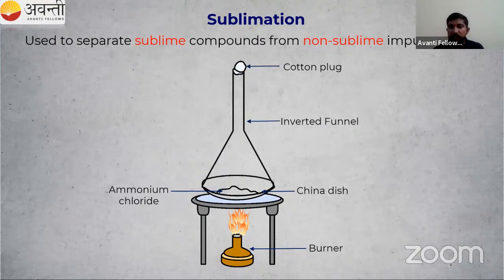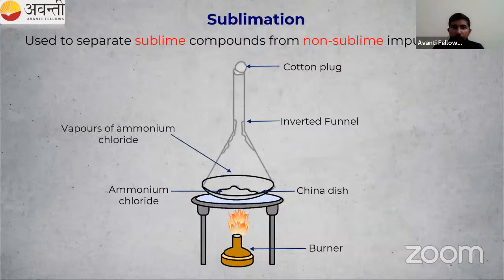In the China dish, there is ammonium chloride. There is a funnel, inverted, and above that there is a cotton plug. Then I'm heating the ammonium chloride. So solid goes to gas, and vapors of ammonium chloride are formed.